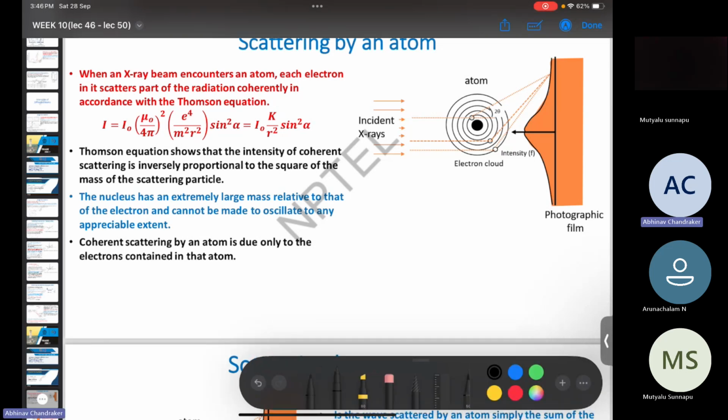We have looked at the Thomson effect now, which tells what is the effect of scattering by an electron at different angles.